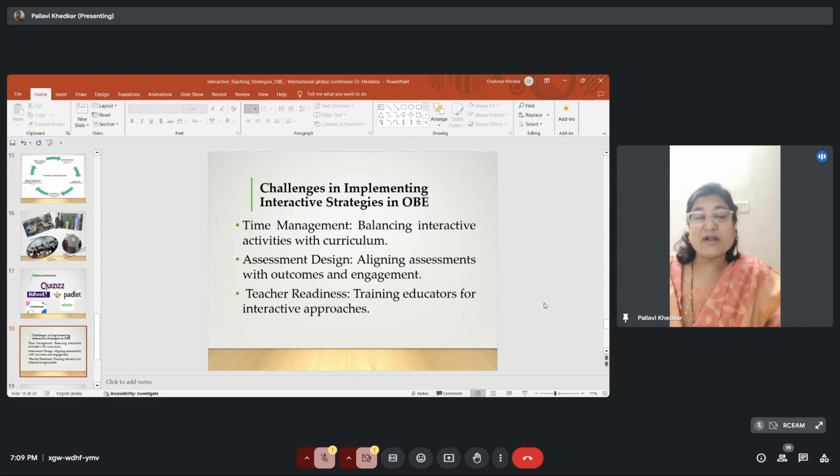We don't have time. But what I feel, if you really want to make your class interactive, in between 10 to 15 minutes of lecture, you can have 2-3 minutes of small activity and then move further, which will help you to know whether the students are attentive in the class or not.